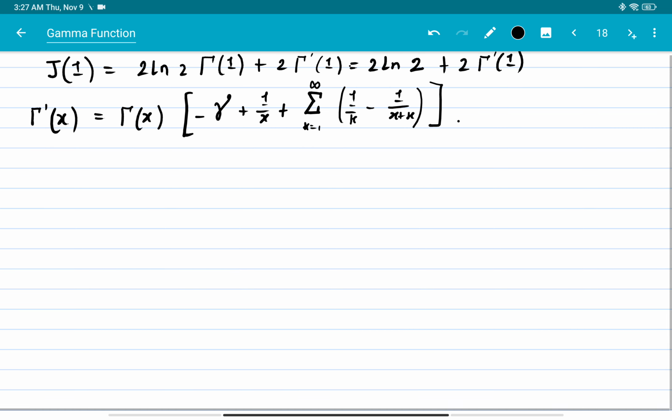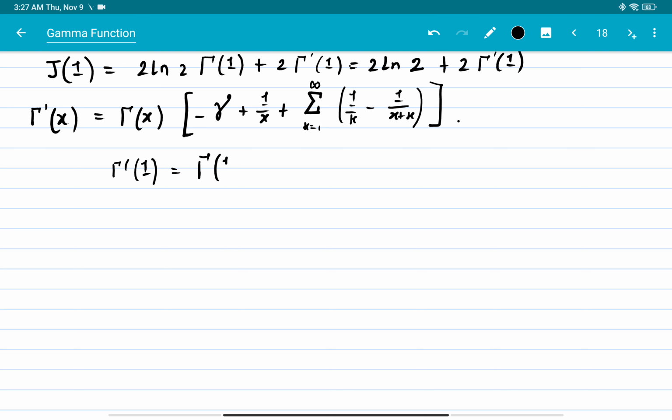So from that point of view we can write that gamma dash 1 is equal to gamma 1 times minus small gamma minus... actually, I don't remember this gamma dash x right now.